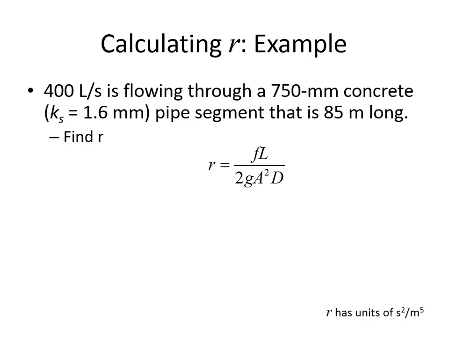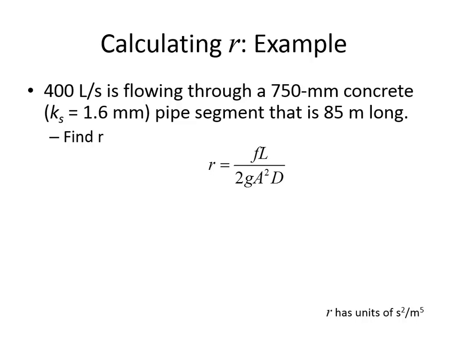So the R value is 0.7103, and the units of R are seconds squared divided by meters to the fifth. Oh, area squared, right. That makes more sense. So that's how the R is calculated.